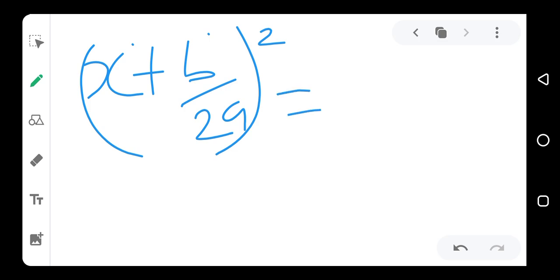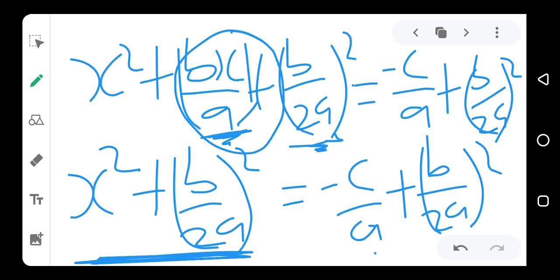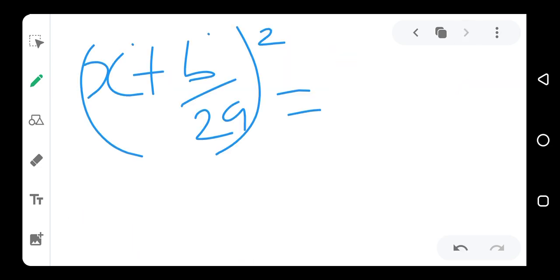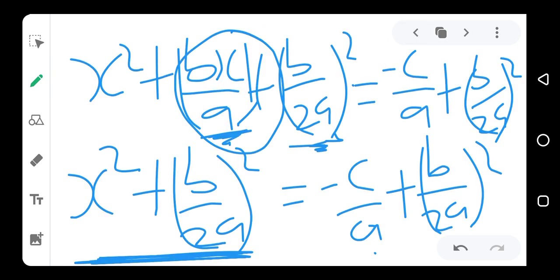Now it is equal to minus c over a plus, this is b squared over, this power here, we put the power on b, on 2 and on a.